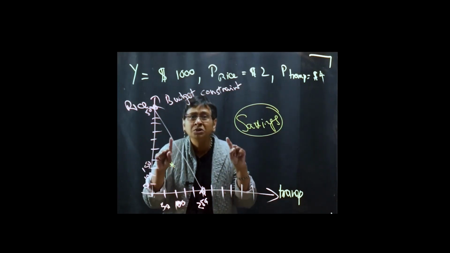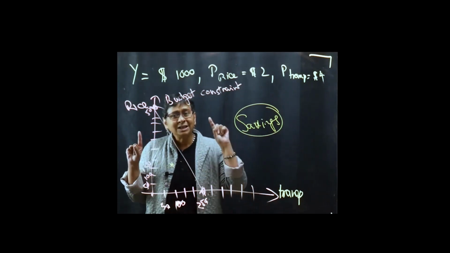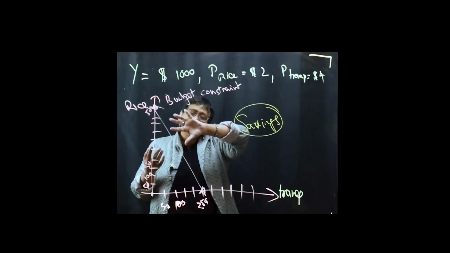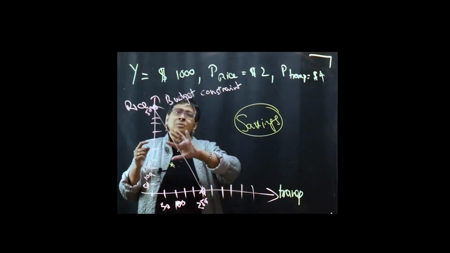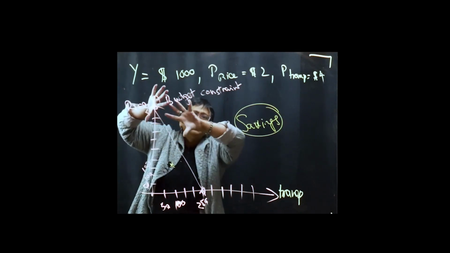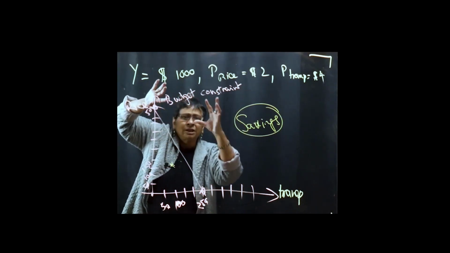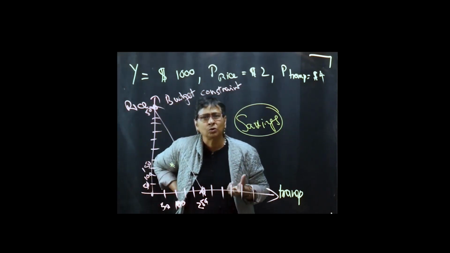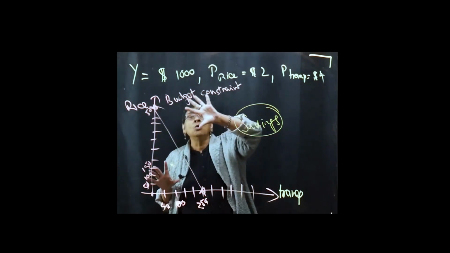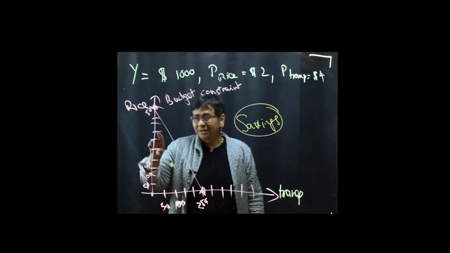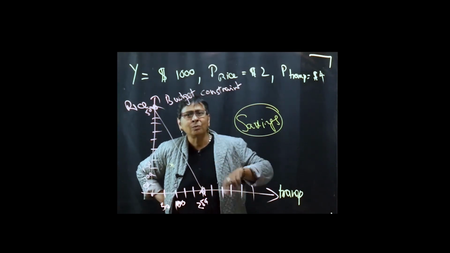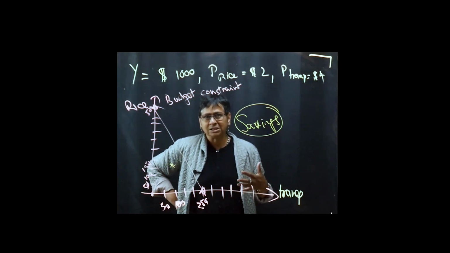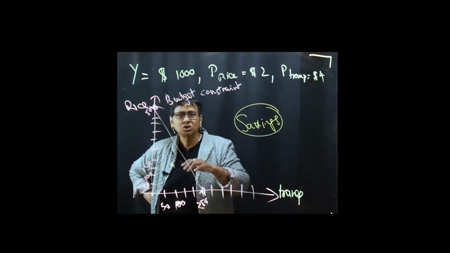Because the individual is a price taker. So when I did the PPF for the whole economy, I kept drawing this curve that bowed out, and I kept talking about laws of costs. But that is for the whole economy. This budget constraint is for one individual. And from my individual perspective, it's a straight line.